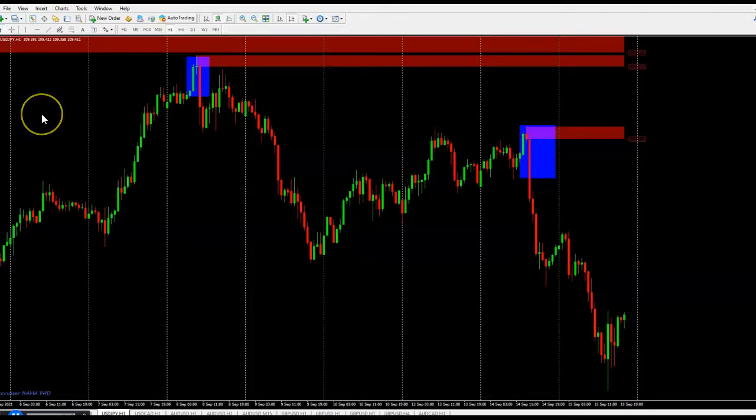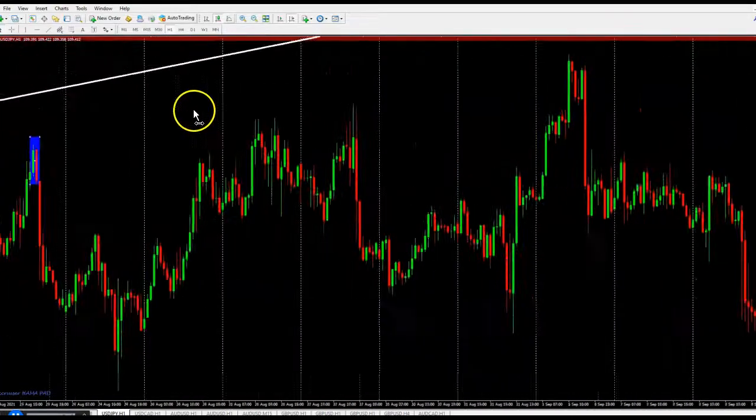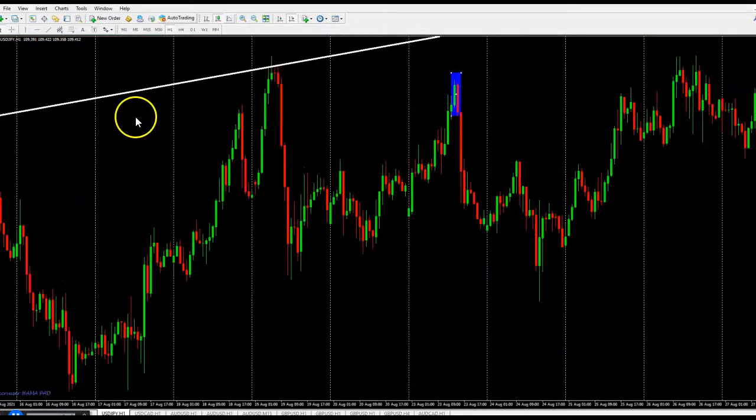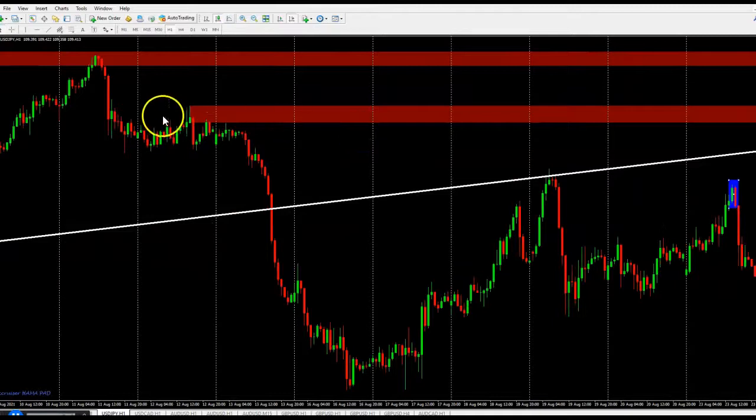Let me see if we had any other ones form at those zones. Let me scroll down some.